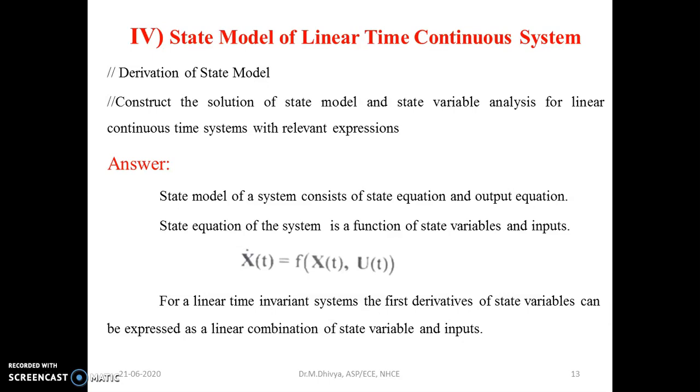We have m number of input variables, p number of output variables and n number of state variables. So, if we write the equations of the state model, obviously we will have two equations. One is the state equation and another one is the output equation.